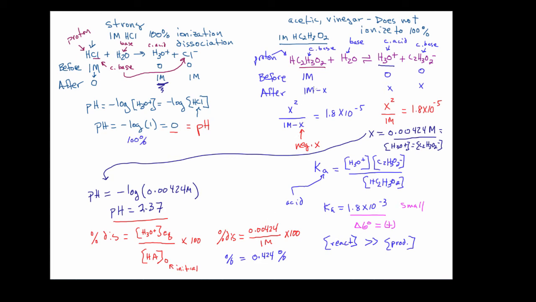What this means in real terms is if we go back up here and calculate the molarity of the acetic acid after it has dissociated, it's literally 0.996 molar after the solution has ionized. And I'll just add in here to finish, both of these concentrations were 0.424 molar. And with that I'm going to go ahead and close the video.